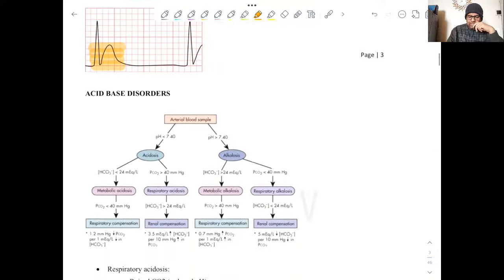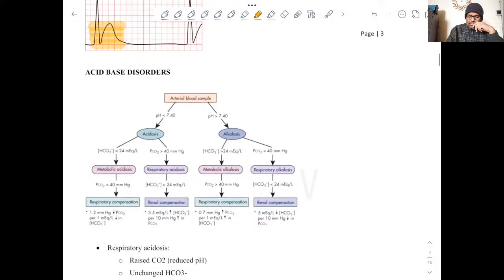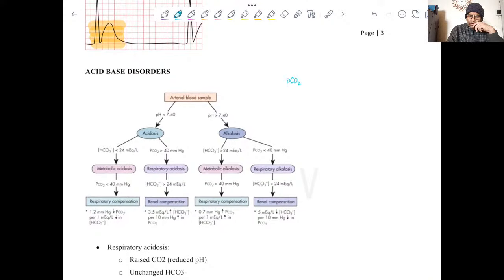Remember this much. Then moving forward to acid base disorders, and here this is all game of PCO2 and bicarbonate. Clear? And the third thing is of course the pH. If it is less than 7.4, or some books might say 7.35, so if it is below that, it will be acidosis.